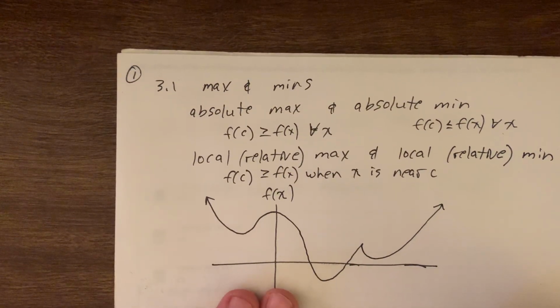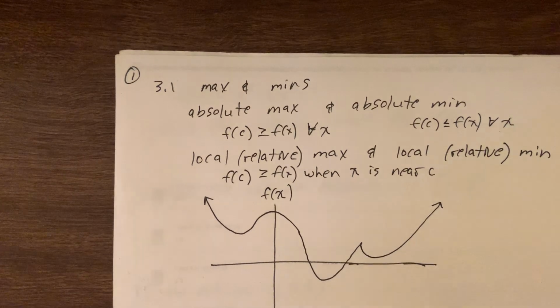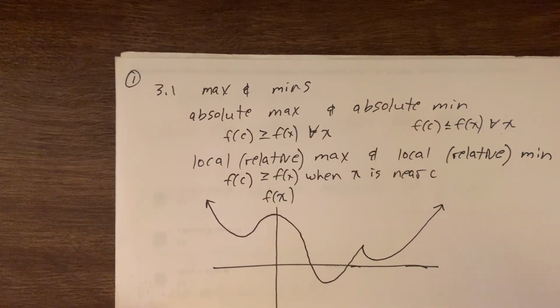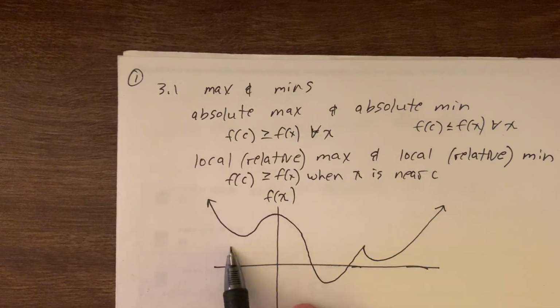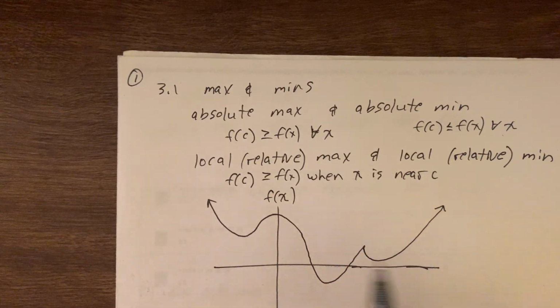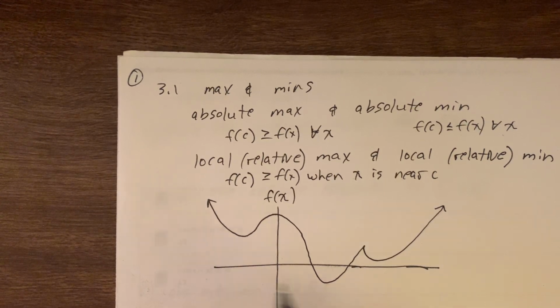So now I have some function here. And just to realize that how we phrase the question makes a very, very big difference. So let's focus on the absolute extremes for a moment. If I just said generically, find the absolute max and min for this function f of x, well, the absolute min would be right here. This xy pair would represent the lowest point on the graph, no matter how far left and right that we look.